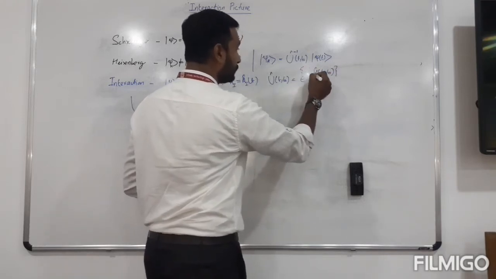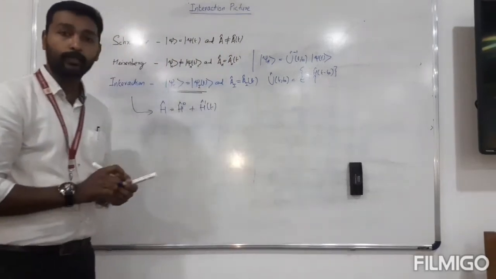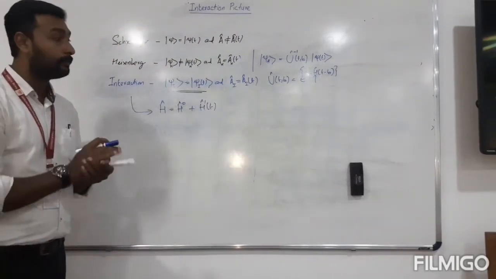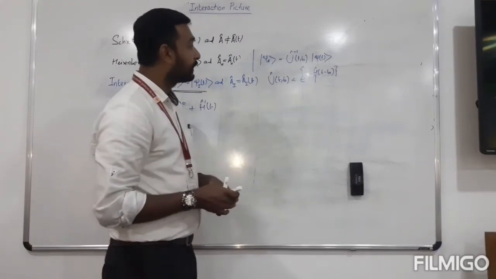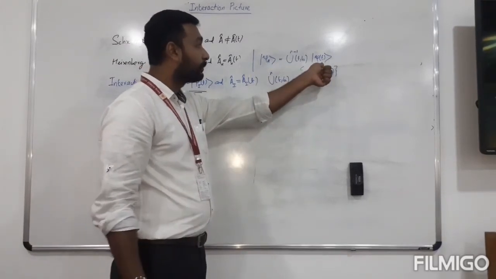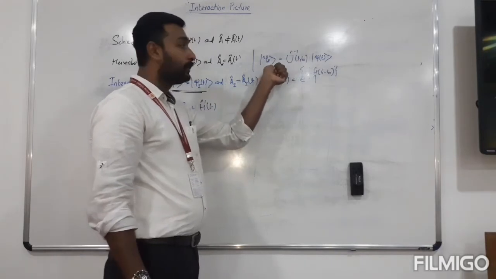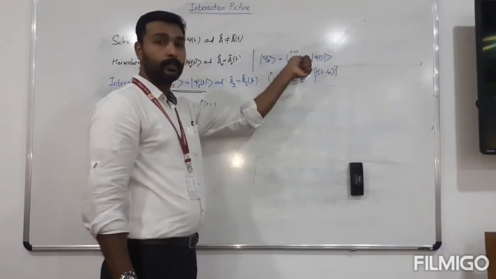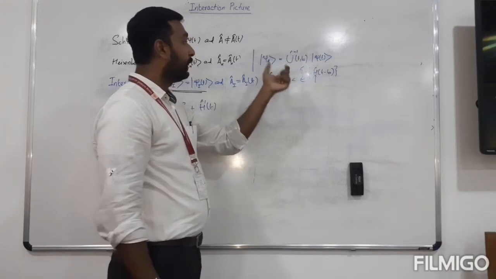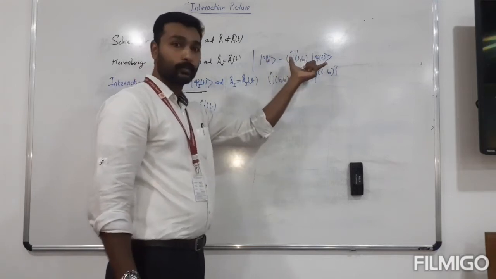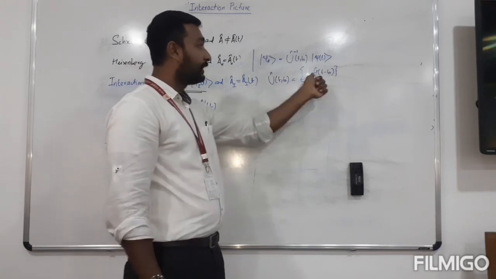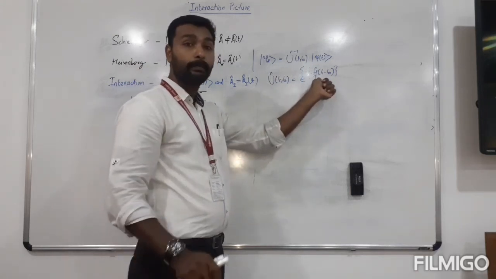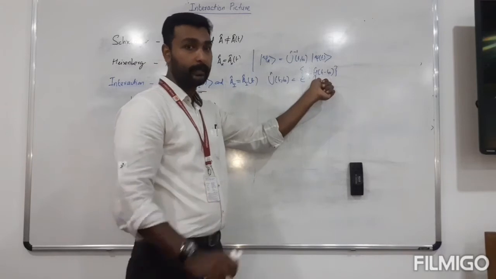Here H is the Hamiltonian in the Schrödinger picture, which is independent of time. So that means we can connect the Schrödinger picture to some other picture using this operator U inverse, which is a unitary operator, and this transformation I can call a unitary transformation. And the generator of this unitary transformation is the time independent Hamiltonian. That is the important point.